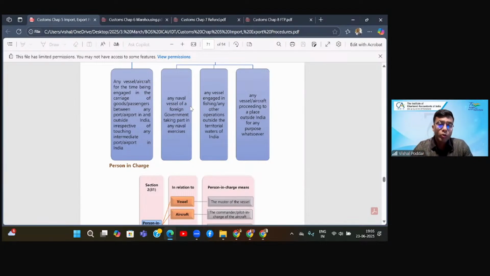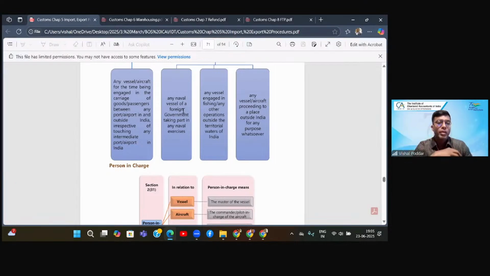Second, it also covers naval vessels of a foreign government which have come to India because we are having joint naval exercises in our Indian waters or just outside the Indian waters. Many times you will hear this on the news that we, along with Australia or maybe the US or maybe Japan, are having some joint naval exercises.